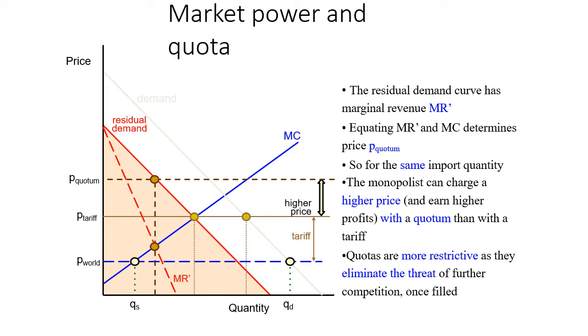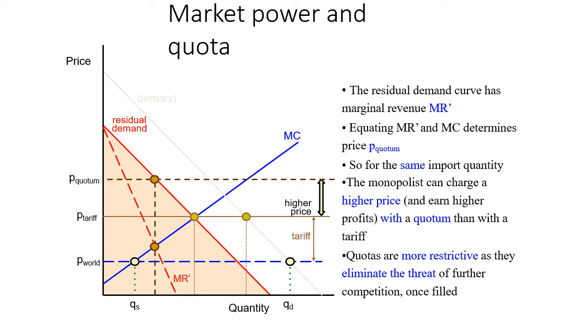That is the specific dot there, on the dotted red line and the blue line. That then helps you find the price a monopolist would charge. The price the monopolist would charge comes off the residual demand curve, which is P quota. That P quota is more than the price that is linked to a tariff. How is that so? How can you charge a price that is higher than the tariff?